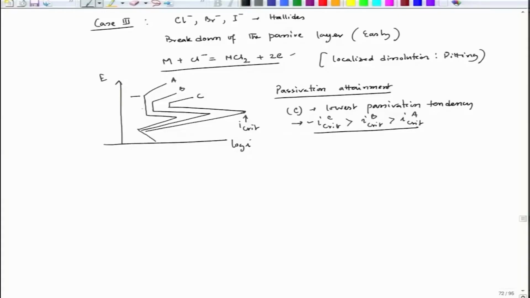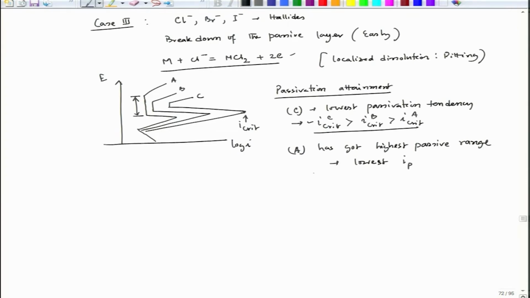Now, coming to the other segment, if we try to see this breadth, passive region breadth, there also A has got higher passive range, as well as it has, or I would say highest among all three A, B, C, lowest I passive, that means passive current density.